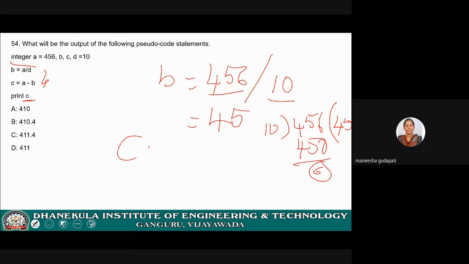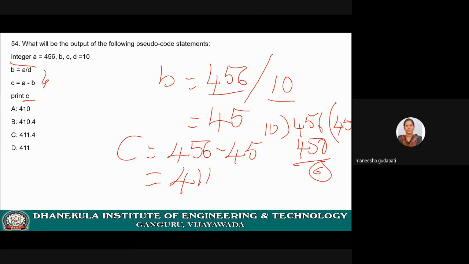Then what is C value? C equal to 456 minus 45. So what is the answer? 411. So the option is D. So the correct option is D.